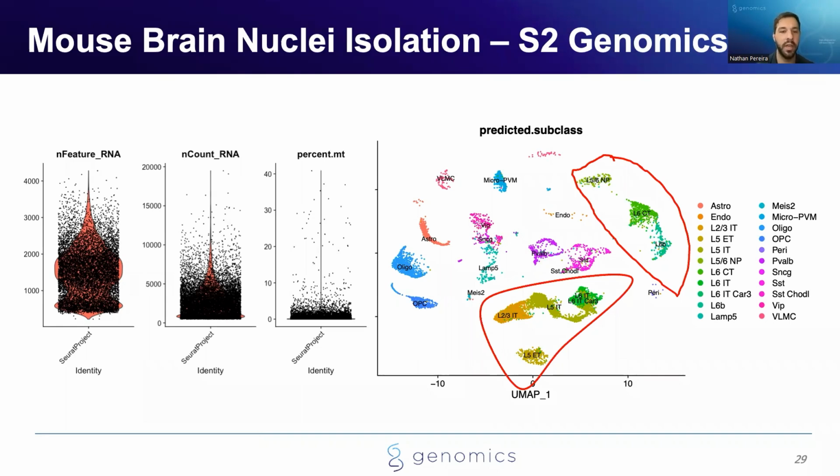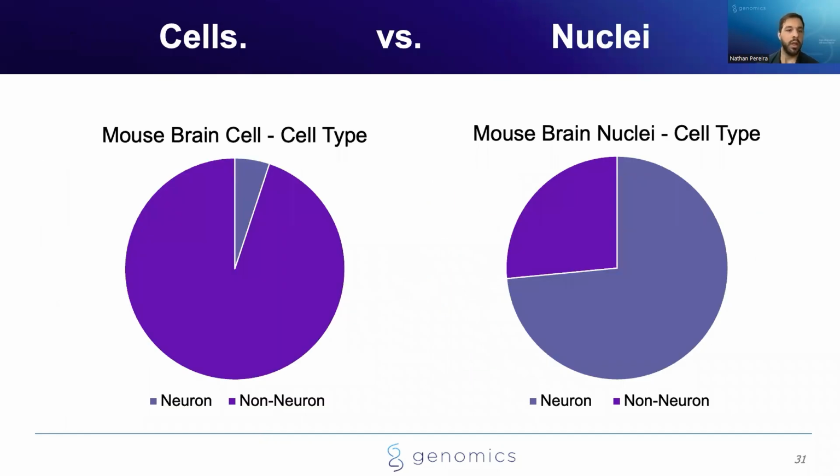But you can see, now we have this vast population of neurons that we just can't really isolate very easily from a quick and easy manual method. And here's that full comparison, mouse brain cell type, mouse brain nuclei cell type. Again, you can see just the huge increase of neuron cell types being captured in nuclei versus cells.